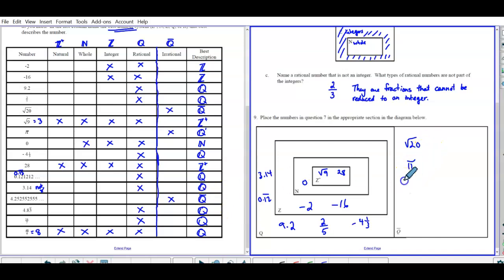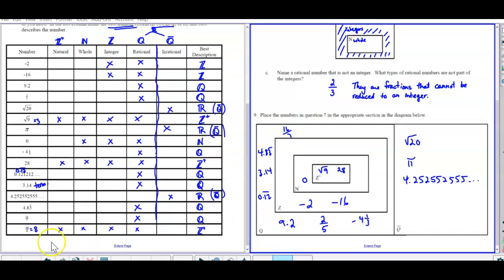Then irrational, 4.25255, 2555, etc. Then 4.83 repeating. Then 16/7. Then 48/6, remember that was equal to 8, and the best description was the natural number system. And so that goes into the middle.